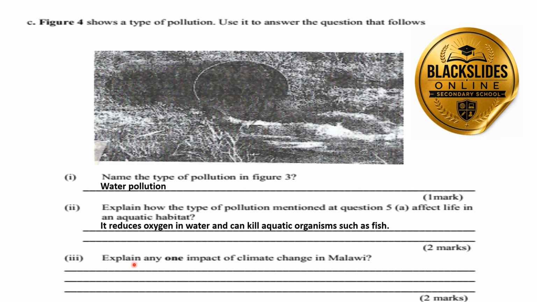Part 3. Explain any one impact of climate change in Malawi. Climate change causes prolonged droughts, leading to food shortage.